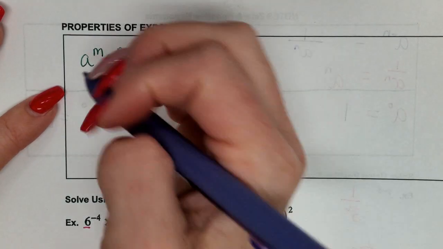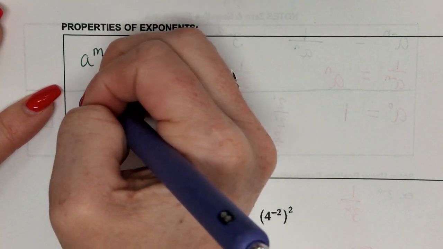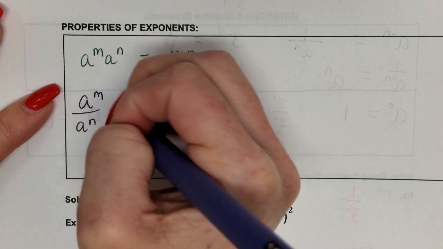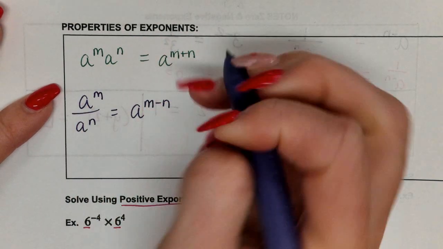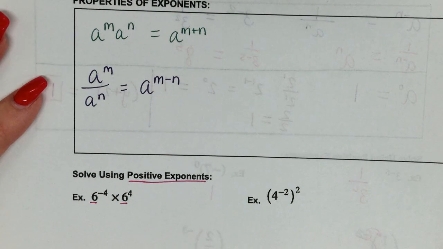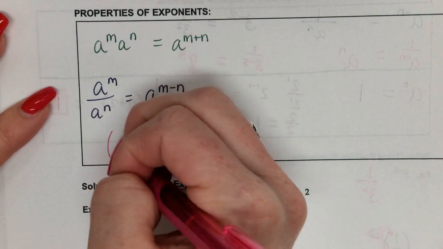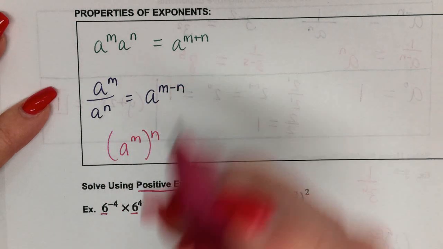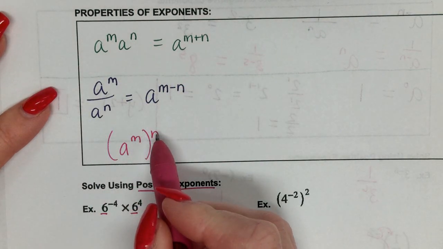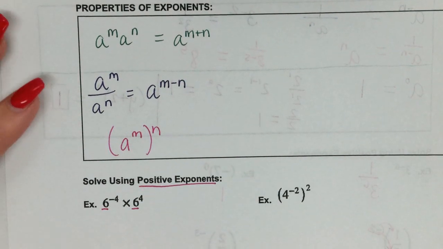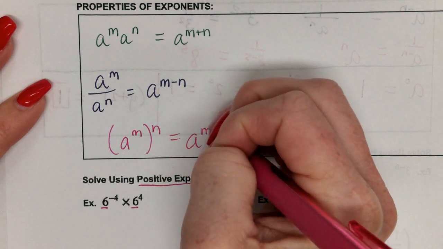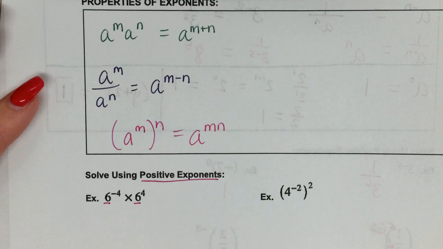When you are dividing and the bases are the same, you are to subtract the exponents. When you are raising a base to a power and it's being raised to another power, you multiply the exponents.